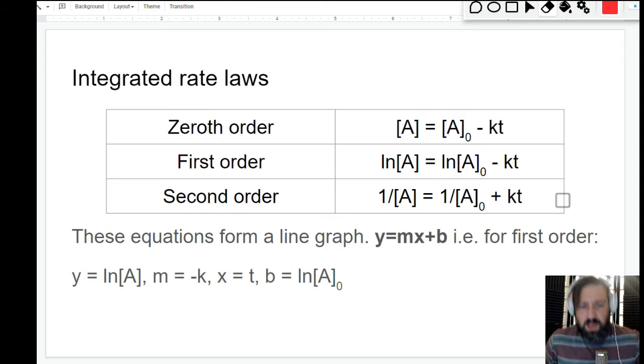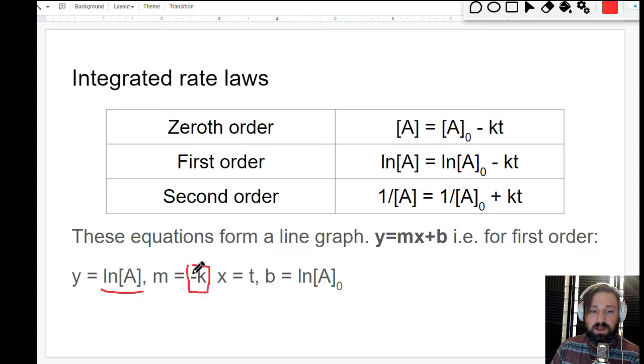You may notice that all of these are in that line graph form, that y equals mx plus b form. And if you look here for the first order reaction, y is going to be the natural log of the concentration of A. Our slope is the rate law constant, or the negative of the rate law constant.